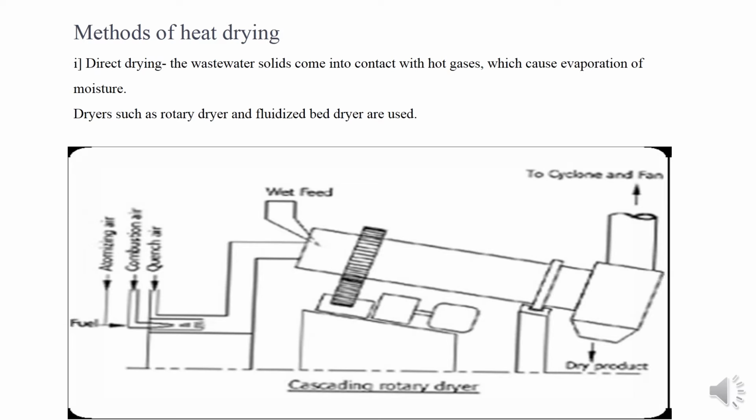Here the crushing is done, and then a cyclone is provided to remove the exhaust gas, and the dry product is collected at the other end. So this is about the rotary drum dryer process.